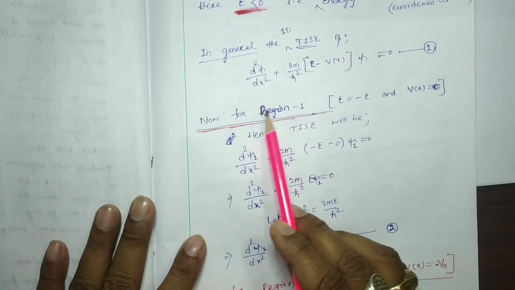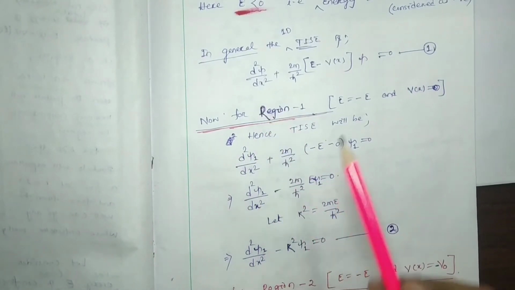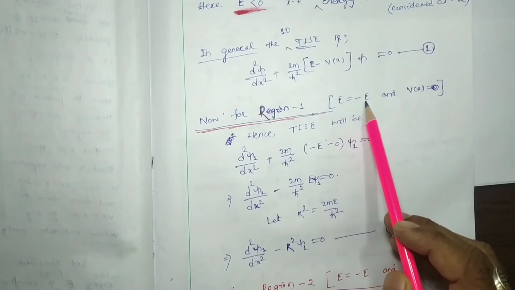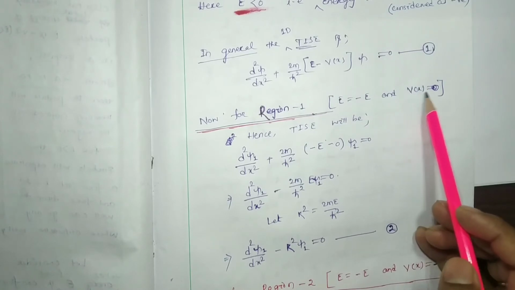Now we have to consider region 1 and set up the time independent Schrodinger equation for region 1. In region 1 the total energy is minus E, and Vx, the potential of that region, is 0.